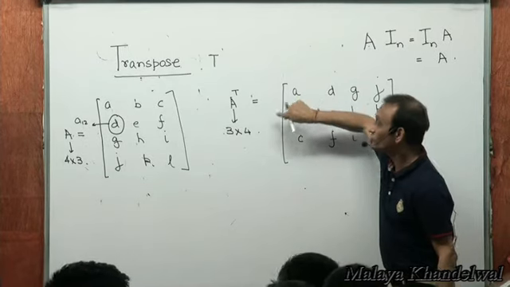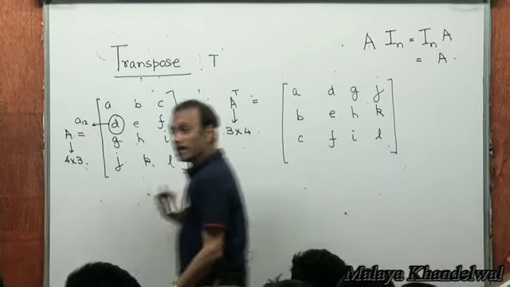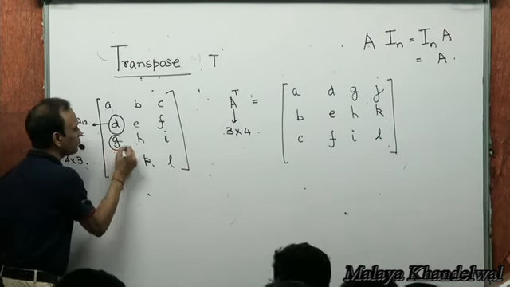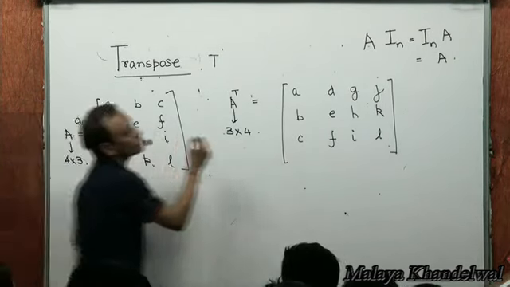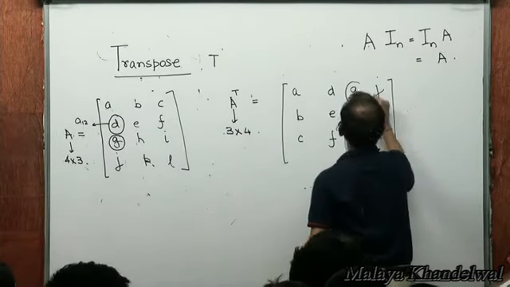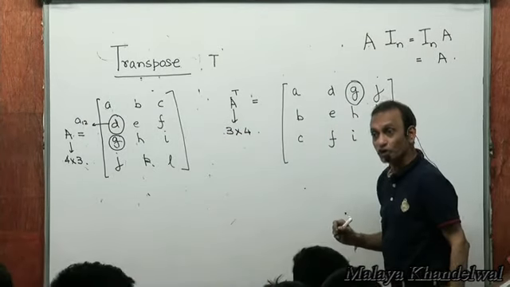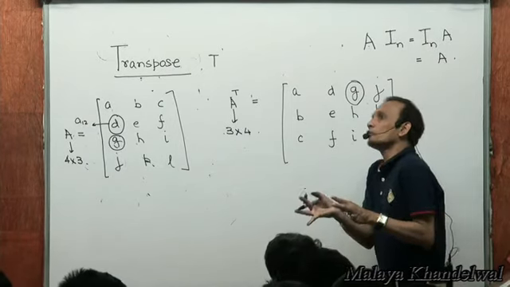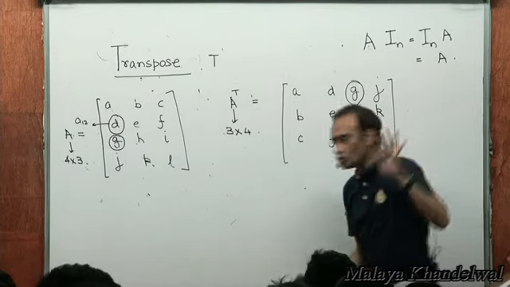Yes or no? The element belonging to the third row and first column is equal to the element belonging to the first row and third column. Yes or no? So interchanging rows into columns and columns into rows.